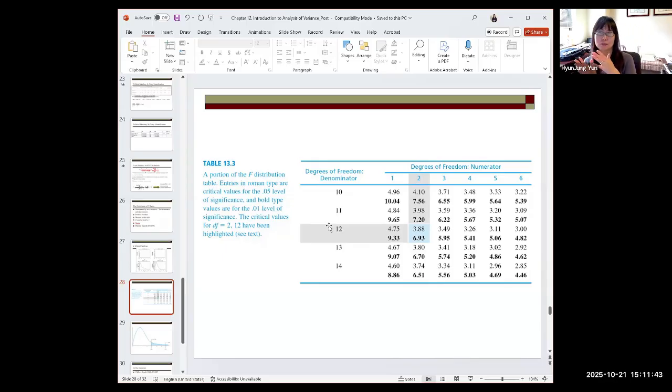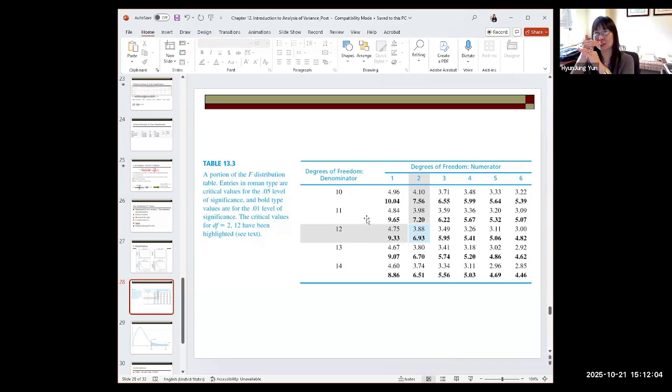As it gets larger, the incremental changes between degrees of freedom, especially for the denominator, are not a big deal. Not much changes.